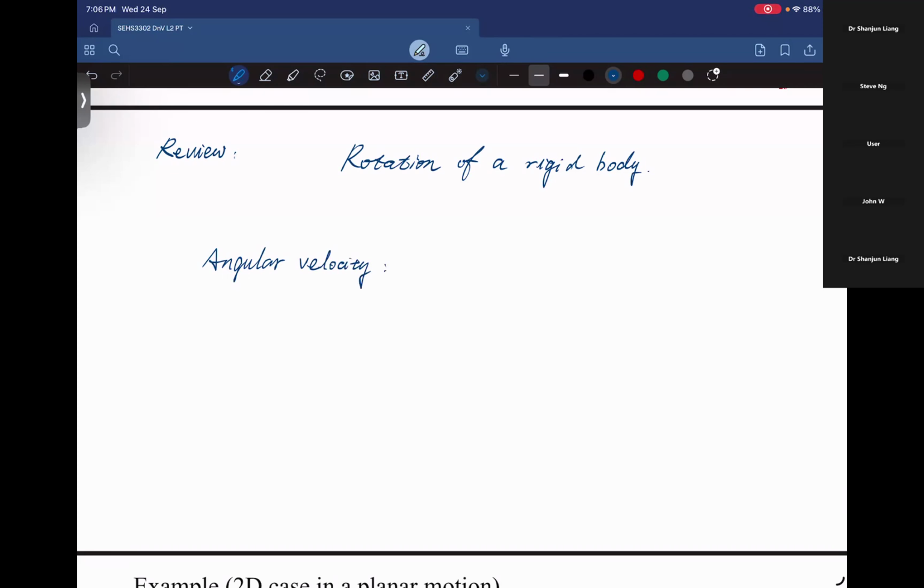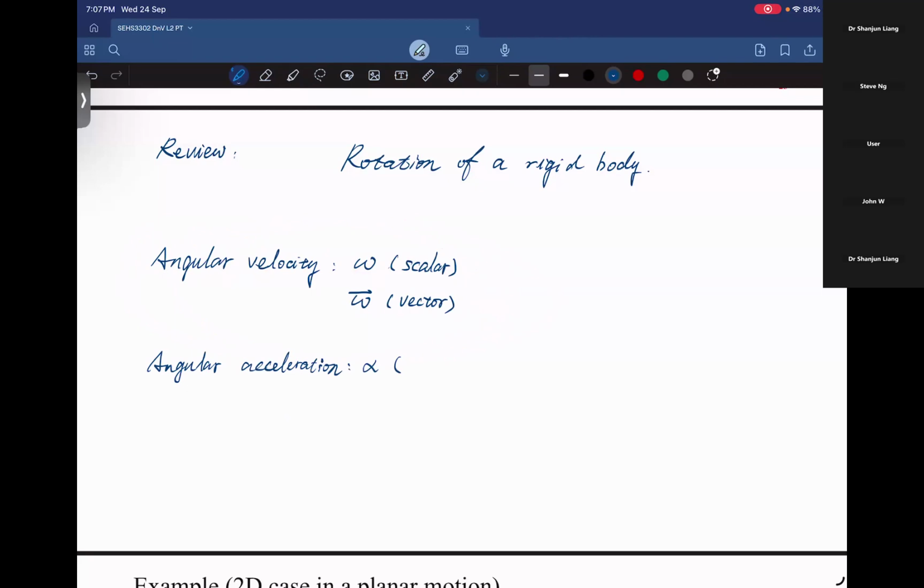If we have a scalar, it is the omega, right? We call it a scalar. And if in vector, it's the omega with an arrowhead, right? And also, if given the angular acceleration, for the angular acceleration, it is alpha, right?